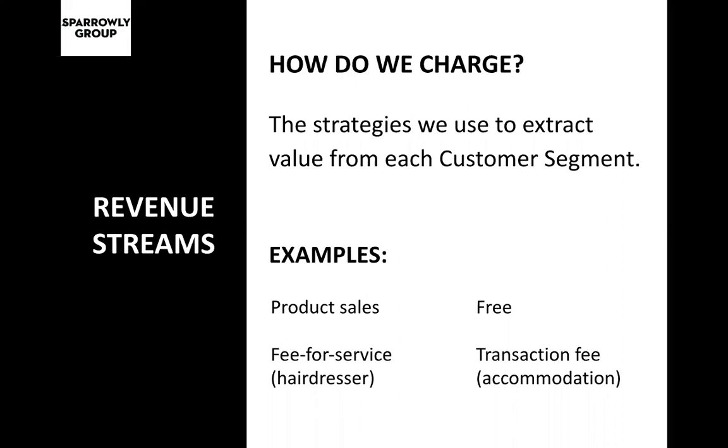Each revenue stream may have different pricing mechanisms, such as fixed list prices, volume dependent, market dependent, bargaining, auctioning, or yield management. Some examples of ways to generate revenue streams include licensing and advertising, subscription fees, usage fees, asset sale, and leasing.